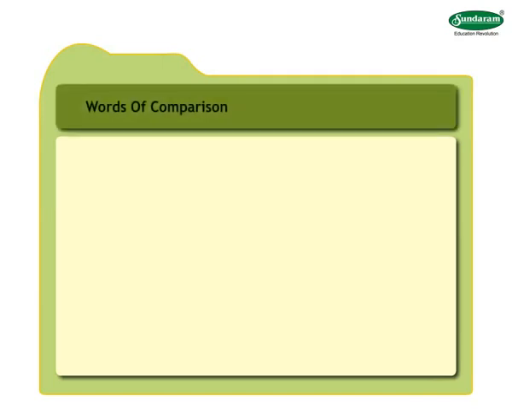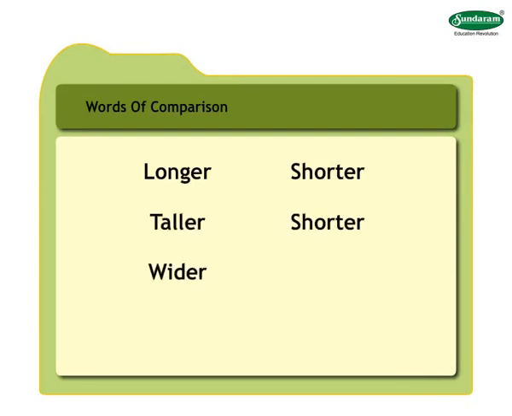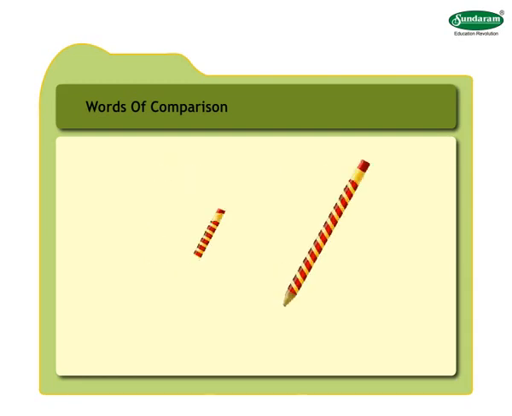Let us learn a few more words of comparison like longer, shorter, taller, shorter, wider, narrower, or broader, narrower, with the help of some examples. Look at this picture of two pencils alongside.